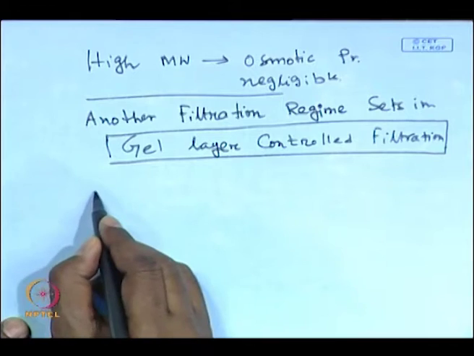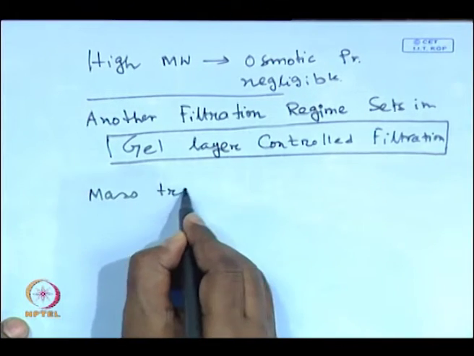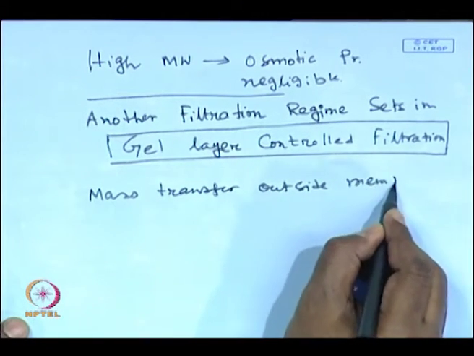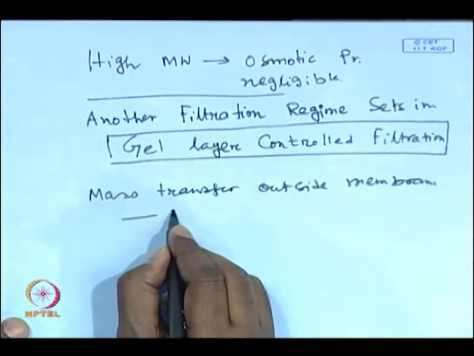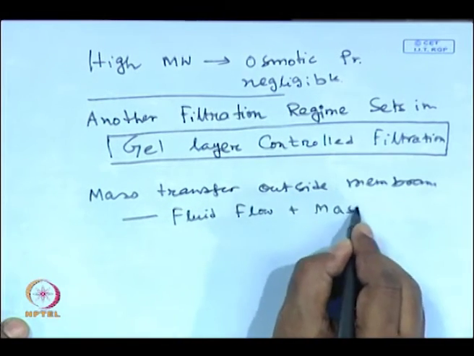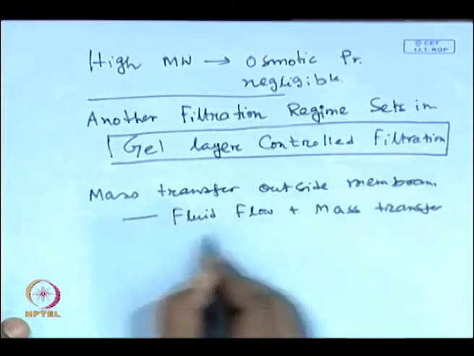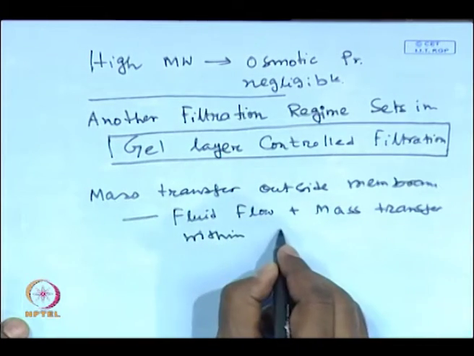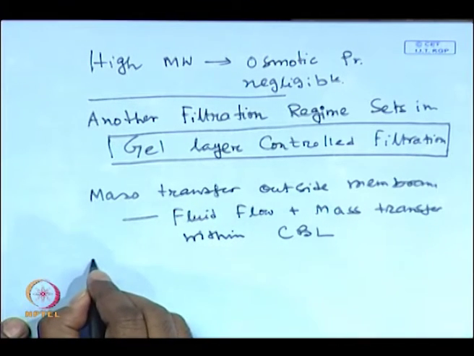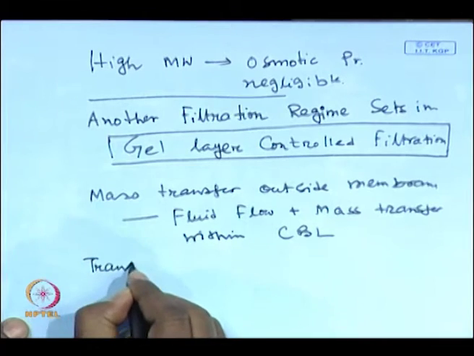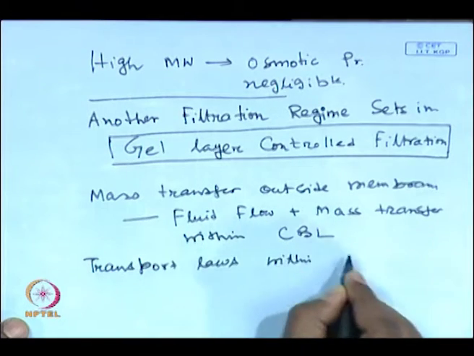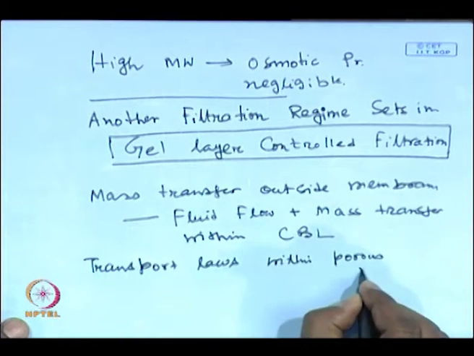Mass transfer outside the membrane is solved by fluid flow plus mass transfer within the concentration boundary layer. That has to be coupled by the transport laws within the porous membrane.